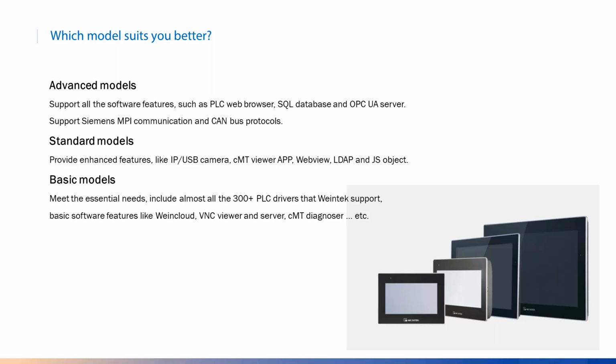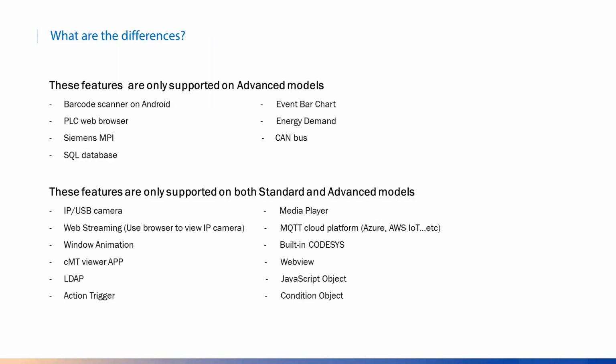All right, so you can see that the difference is in the software features. Let's take a look at the top of this slide here. These features are only supported on advanced models, like the barcode scanner on Android.